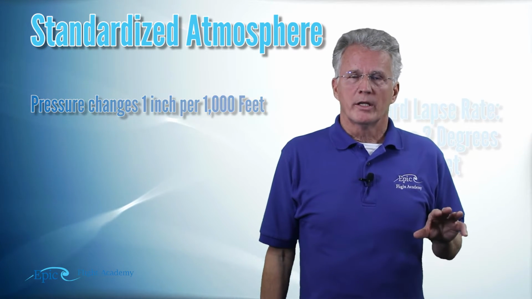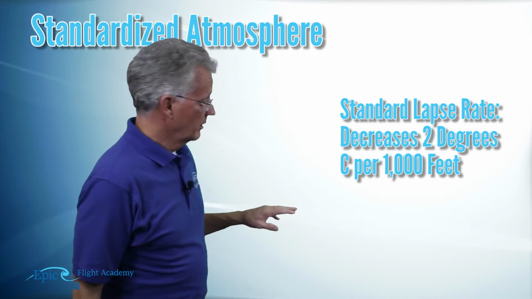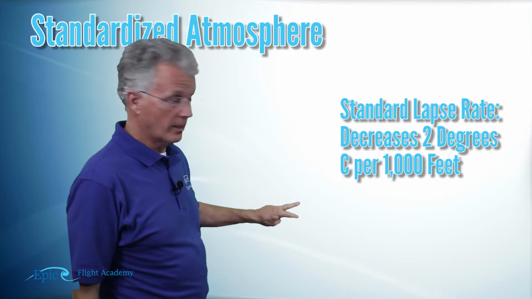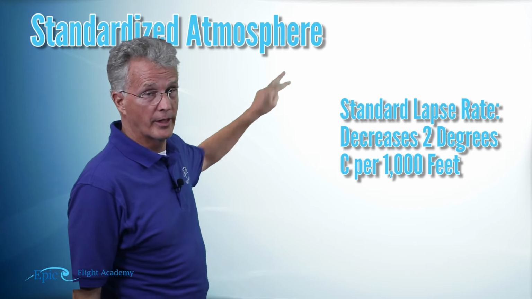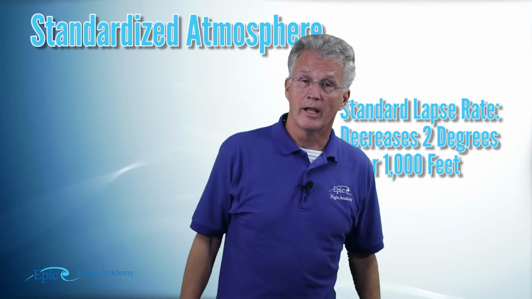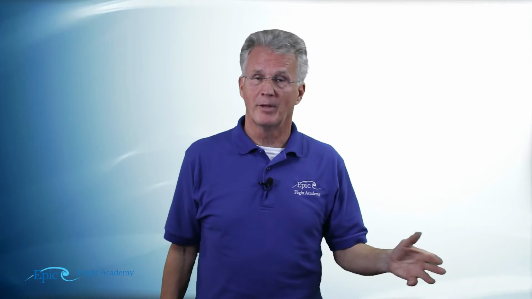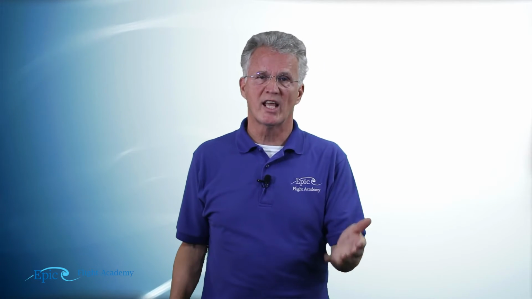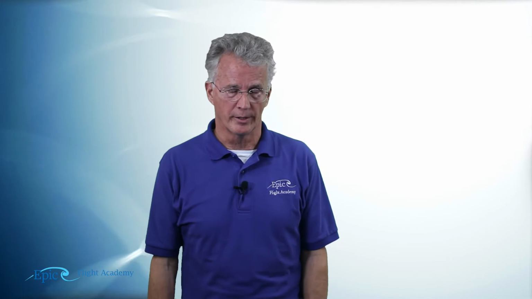We use what we call a standard lapse rate. That is 2 degrees Celsius per 1,000 feet. Now, those changes in pressure and temperature vary dramatically. We use the standard as a reference point.